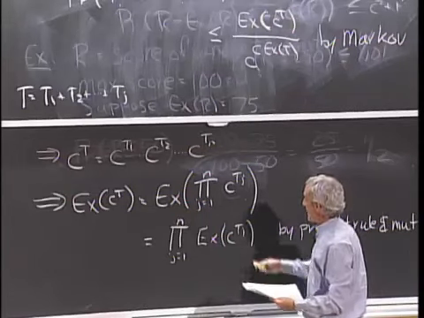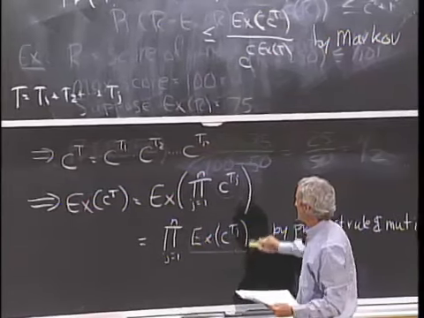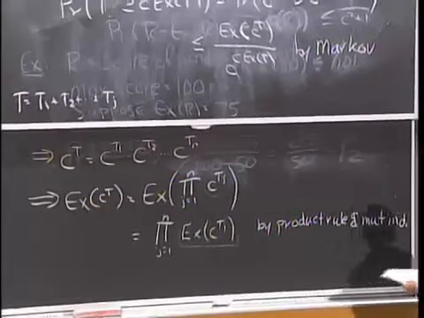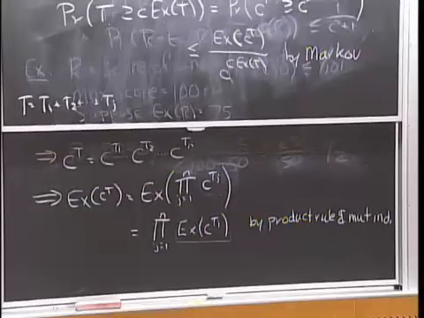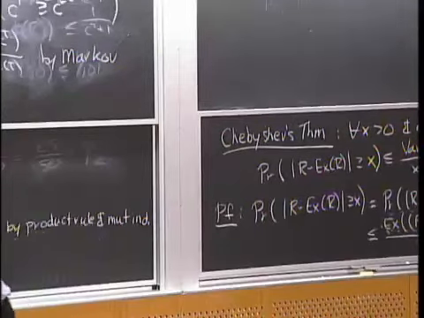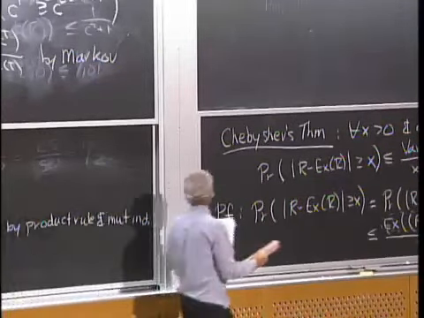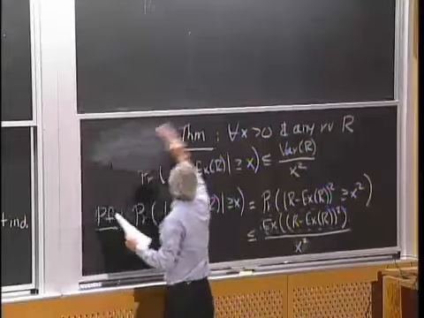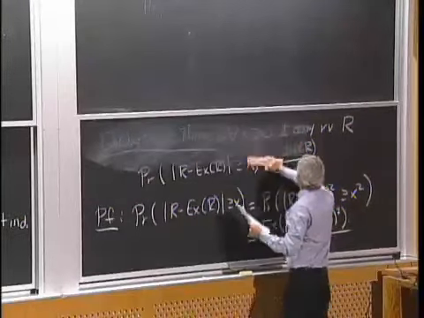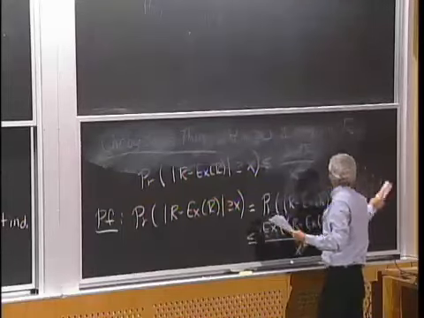OK, so now we got to evaluate the expected value of c to the tj. And this is where we're going to make it simpler by assuming that tj is just a 0, 1 random variable.